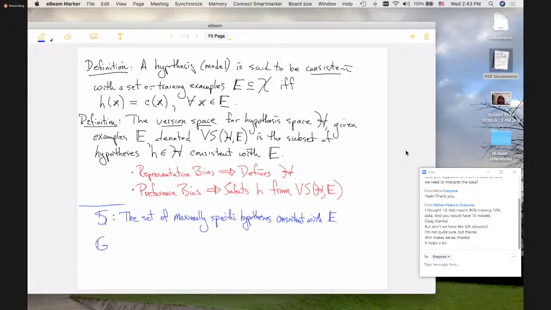And then on the other side of that, G will be defined as the set of maximally general hypotheses consistent with E.